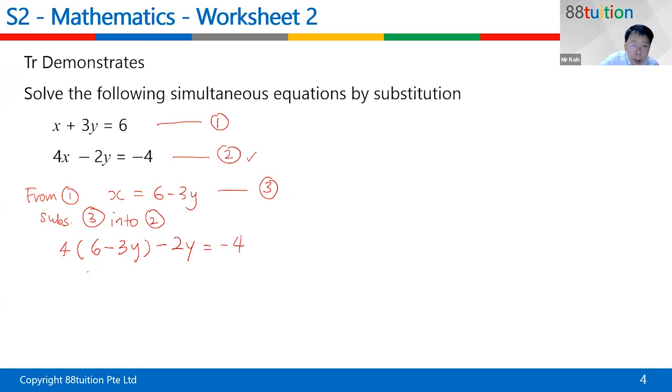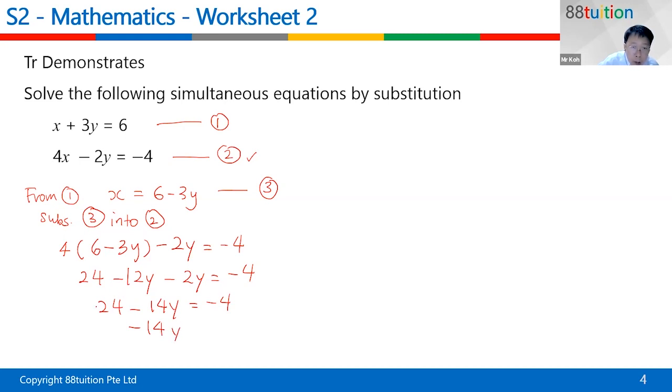Okay, so now we can expand. 4 times 6, 24, minus 4 times 3, 12y, and then minus 2y equal to minus 4. Okay, so we can continue from here. What do I get? I get 24 minus 14y equal to minus 4. Now, I will bring the 24 over.